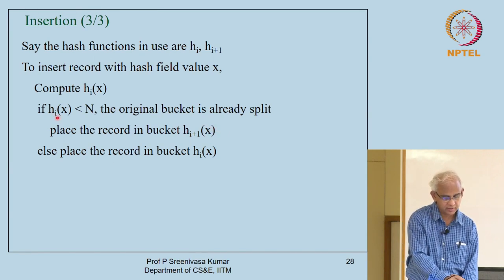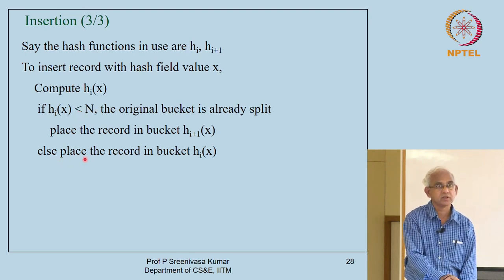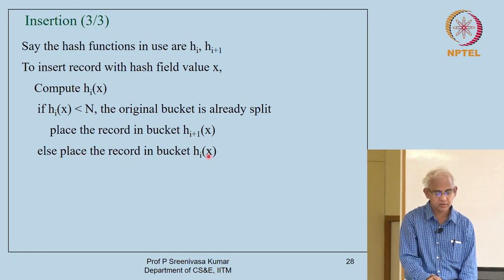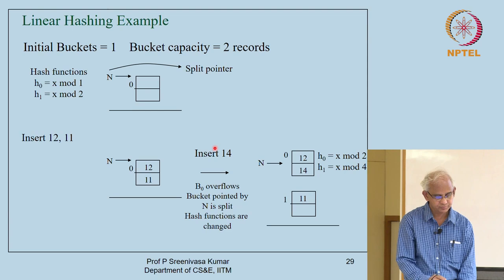In case h_i of x is not less than n, then you know that the original data bucket is not yet split, and so you can place the record in that bucket directly. While placing the record in the original data buckets, there might be an overflow problem, in which case you go to the overflow chain and insert the record there. Okay. So, this is how linear hashing works.